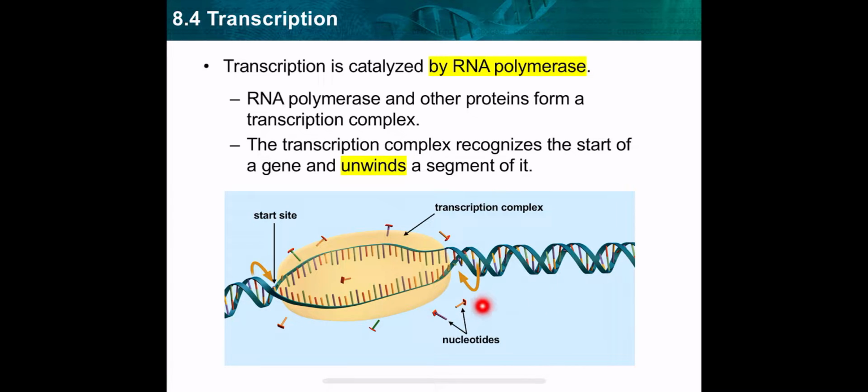Here it is. This is the DNA. But now the cell wants only this gene. So transcription occurs for only a certain segment, a certain gene that carries information for a certain protein the cell needs. Here is the complex, the RNA polymerase and other proteins.